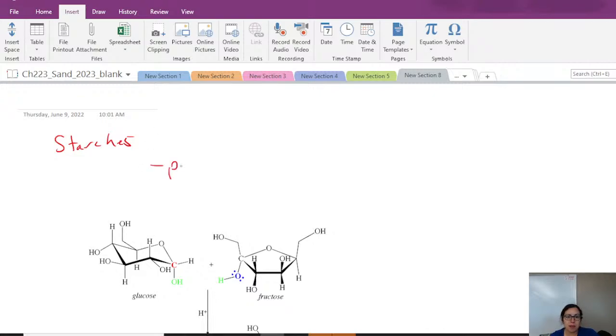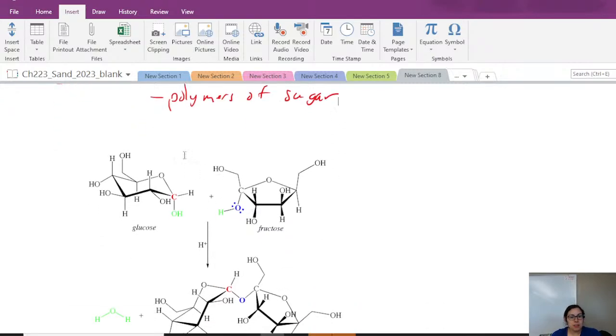Yeah, they're polymers of sugars. And so we have our sugars here. Once again, doing a polymerization reaction, adding these two together, you could probably guess, looking at these two, what's going to be happening.